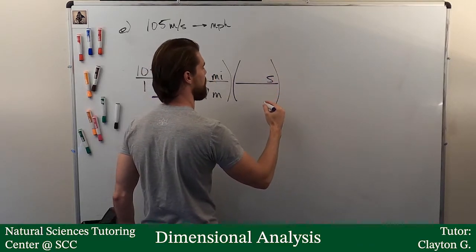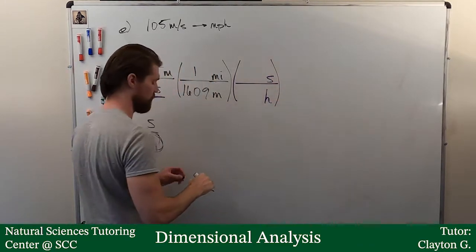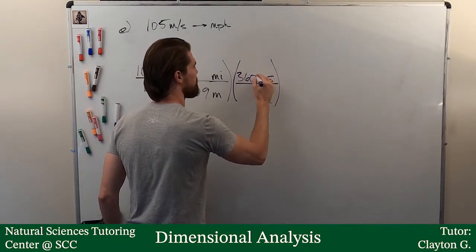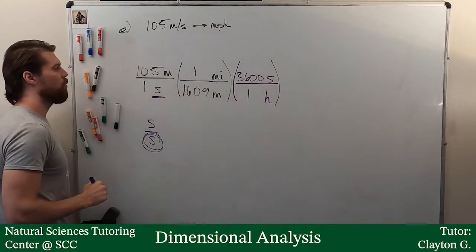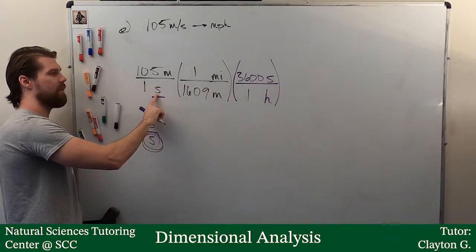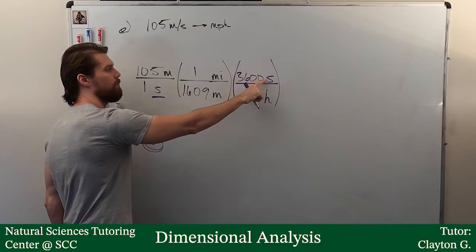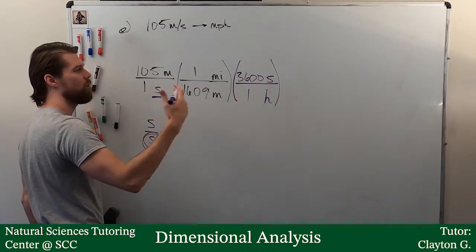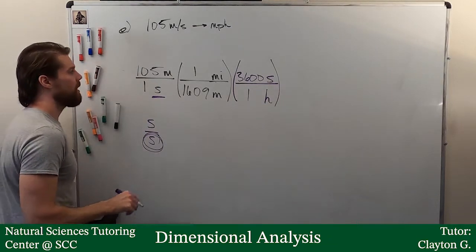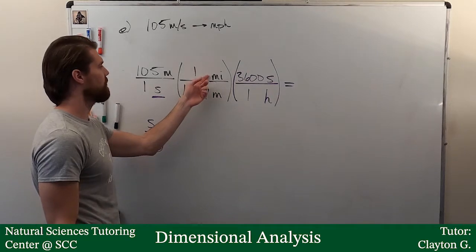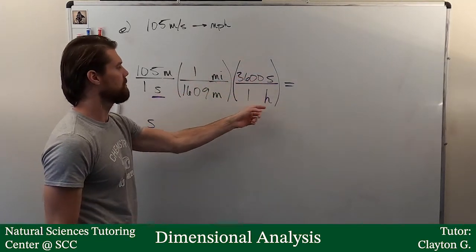Seconds per, and we'll go straight to hour because we know how many that is. There's 3,600 seconds for every 1 hour. But I just want to make a note here. I'm already dividing by seconds. Therefore, I have to multiply by seconds to actually cancel these two out, to make it equal to 1. All right, I think that's going to do it for us here. We got meters to miles and seconds to hours.